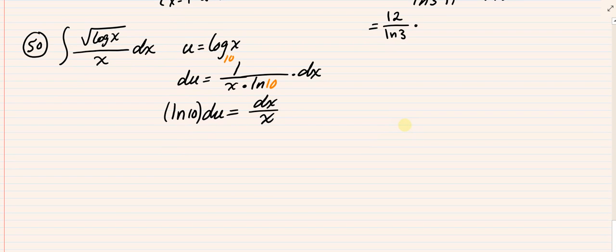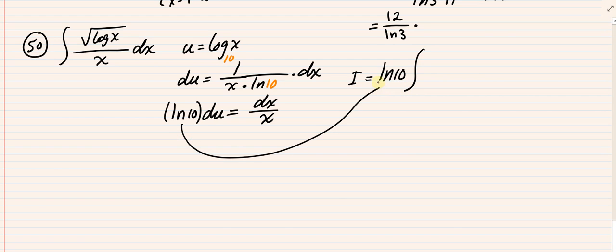So I can write the integral as square root of log, that would be u to a half, right? Hold on, I'm going to put ln of 10, and then write u to a half. That's going to be u to a half and then du.